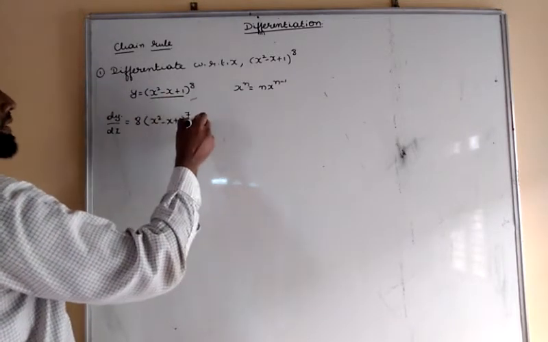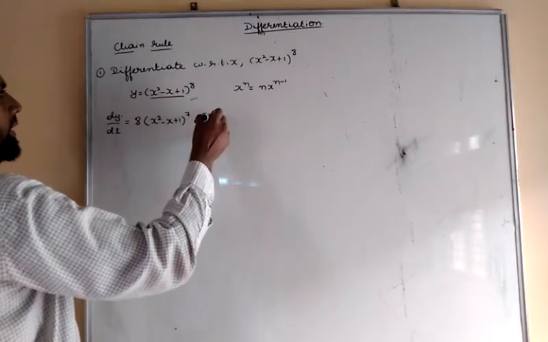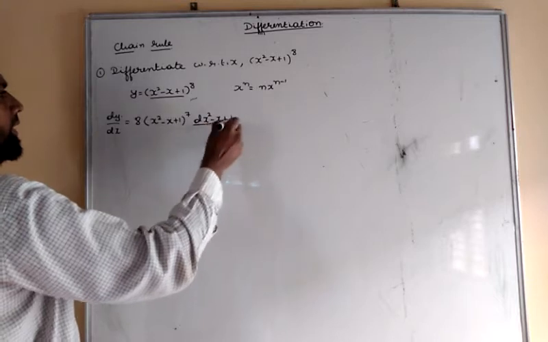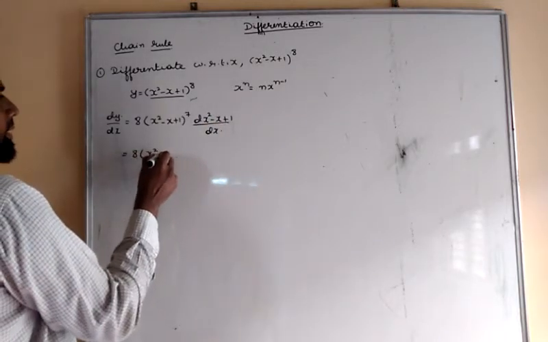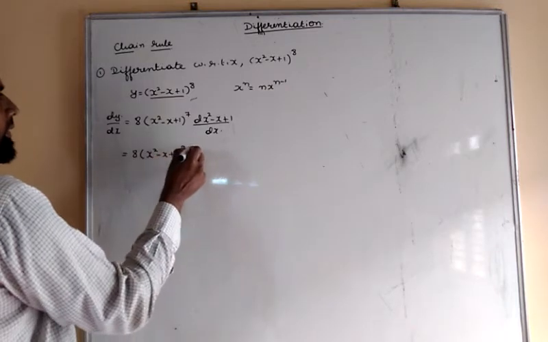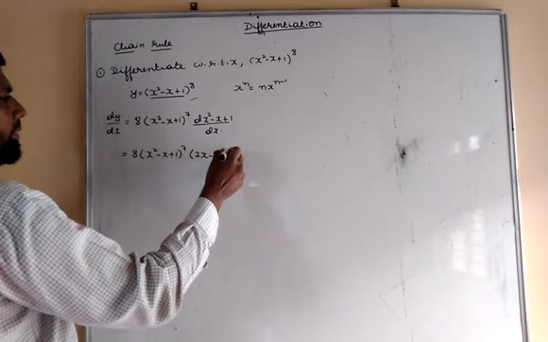You have to again differentiate this one. So 8 into x square minus x plus 1 whole to the power of 7, and differentiation of this is 2x minus 1 plus 0.